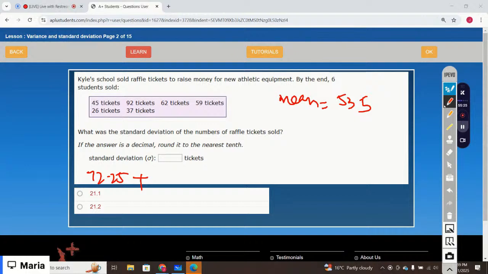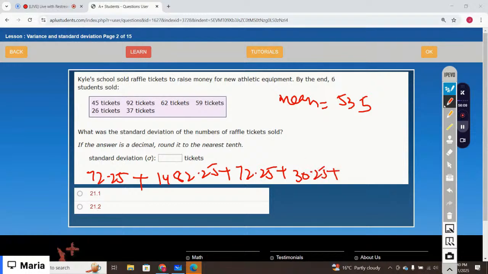Then 92 minus 53.5, that is 38.5, and 38.5 square is 1482.25. Okay, then 62 minus 53.5, that is 8.5, and 8.5 square equals 72.25. Then 59 minus 53.5, so 5.5 square is 30.25.